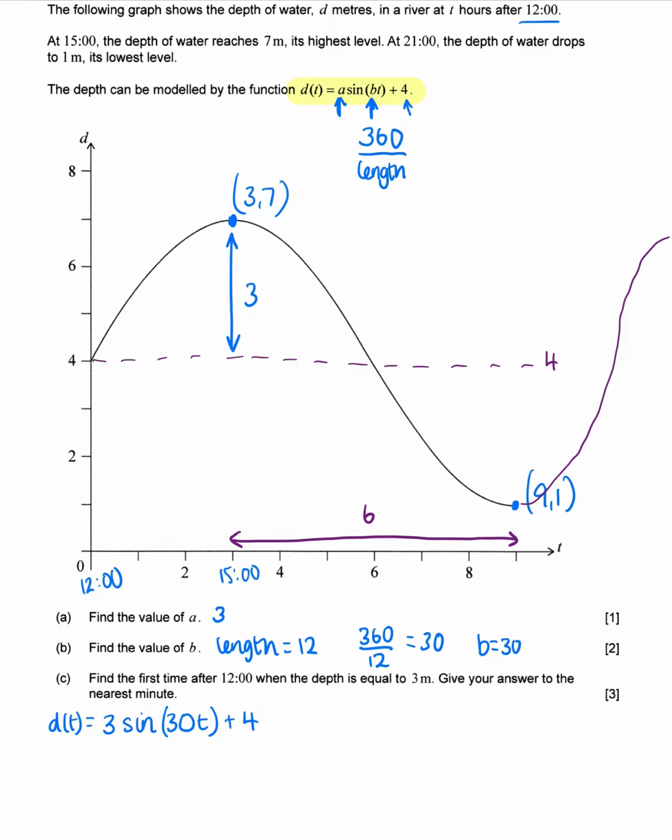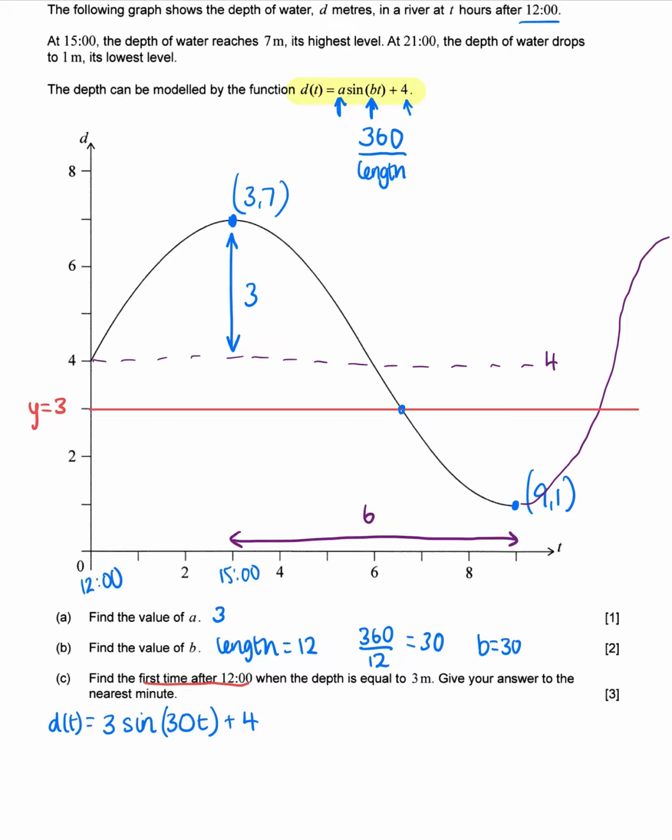So all I'm going to do is plot this onto my GDC, and I'm going to draw on an additional line of y equals 3. So on your GDC, you would now draw y equals 3. And then from that, you're looking for the first time after 12 o'clock that the water is exactly 3 meters.